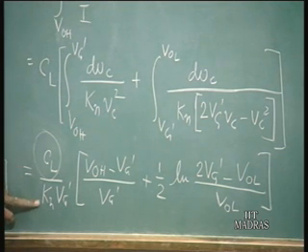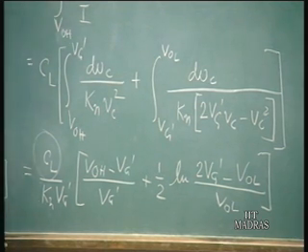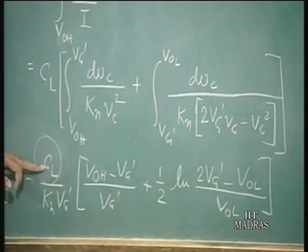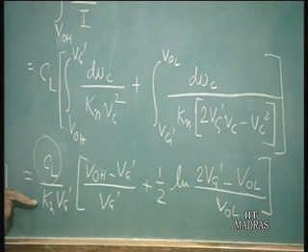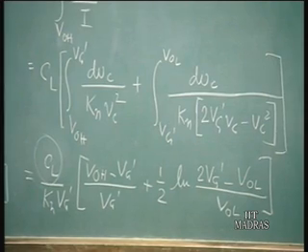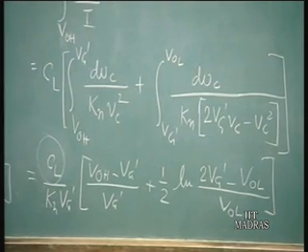Kn also depends on mobility, and both depend on Cox: CL is proportional to Cox, and Kn is also proportional to Cox. So in fact this ratio is independent of Cox, but it is dependent on the dimensions of the device.